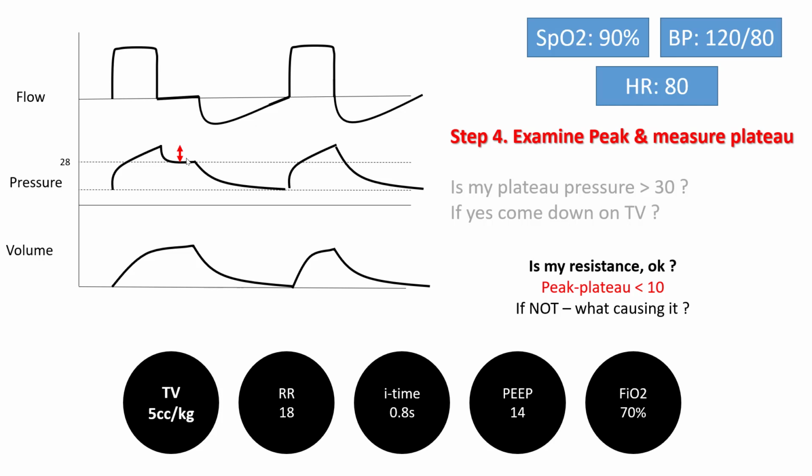Most often the patients would have some COPD or asthma or some obstructive features, and I would make sure that they are on albuterol. And if this is pretty high and they are in COPD exacerbation, they might be given steroids as well. The other thing this will tell me is if the tube is kinked or if there is mucus plugging around the tubes. That means the tube diameter is getting smaller.